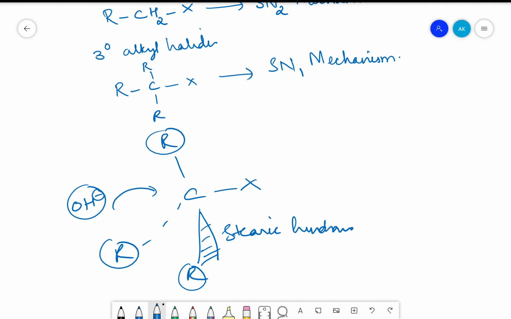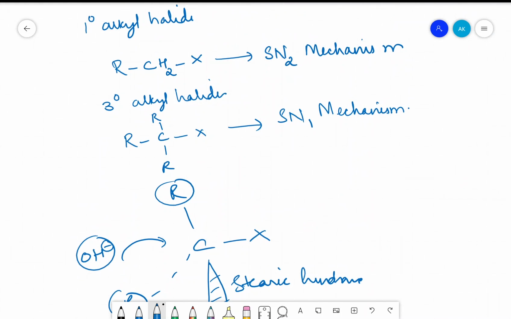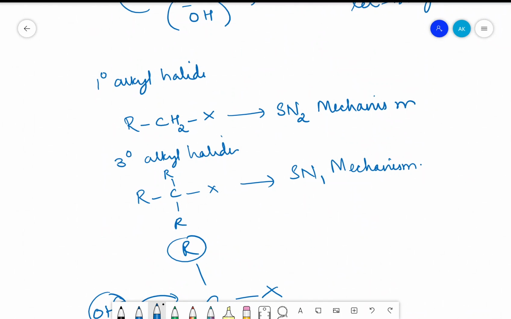So the attack of hydroxide on the crowded tertiary is quite difficult. So the mechanism followed by tertiary alkyl halide is mainly SN1, where it will first form a carbonium ion, that is a carbocation, followed by attack of the nucleophile.